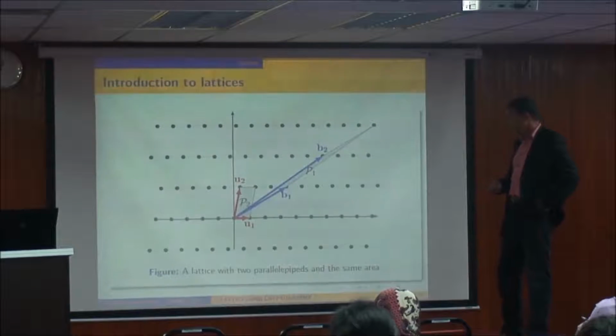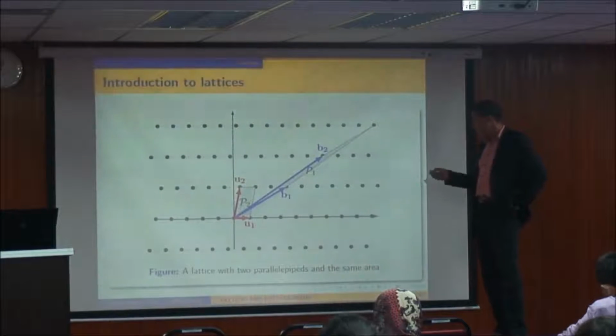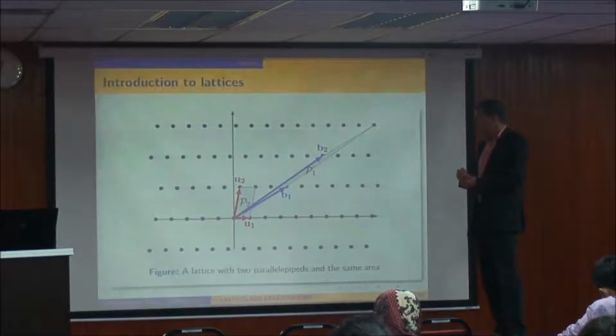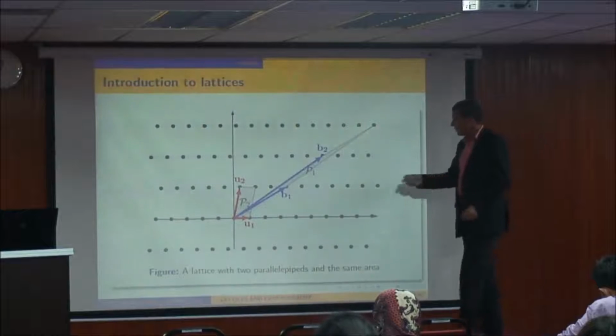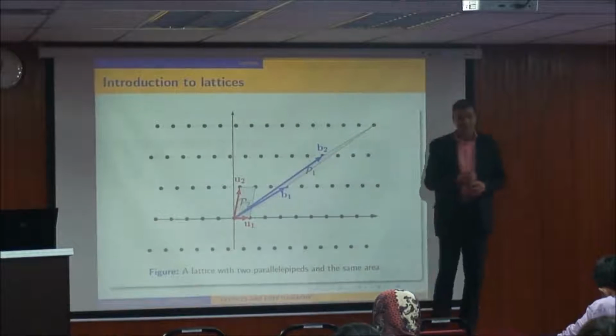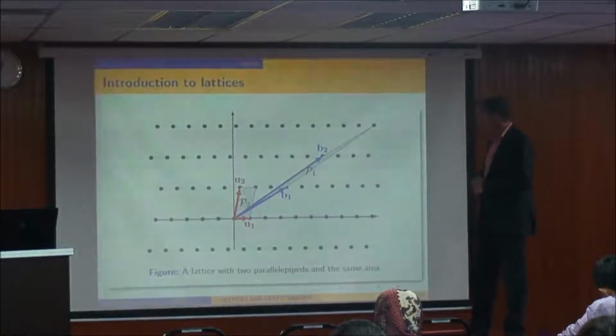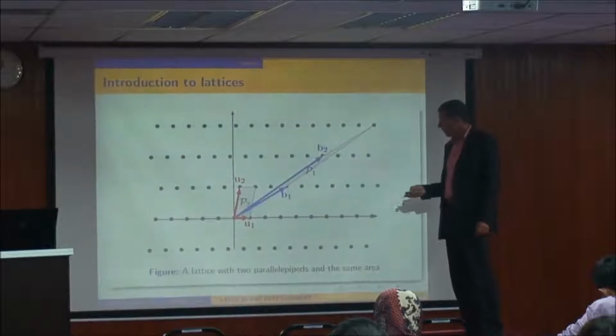Here is another picture to show that we can get the fundamental domain in a lattice, even using a big basis like this. B1 and B2 are very big vectors compared to U1 and U2.